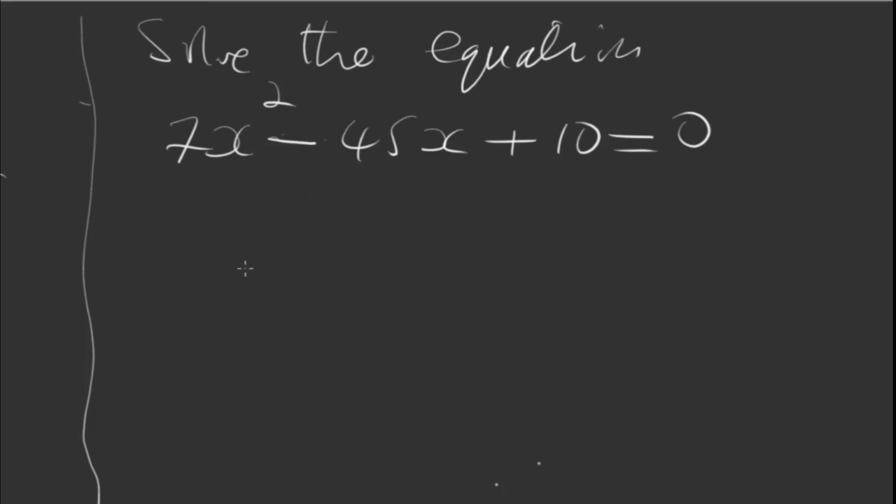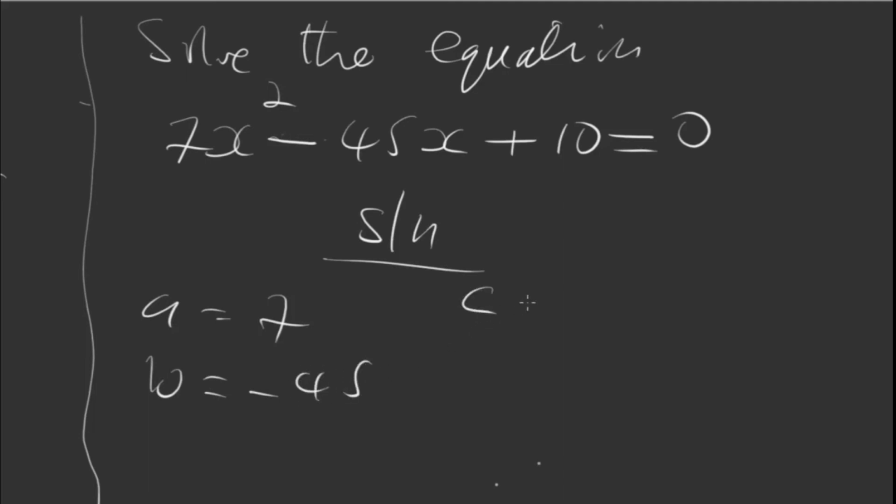Now what we are doing here, we are going to just use the quadratic formula. So this is the solution. From our equation, a is equal to 7 and b is equal to minus 45, and c is equal to, okay, this question, let's put something so that people can learn something here.